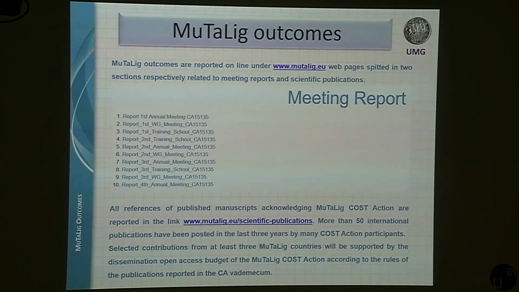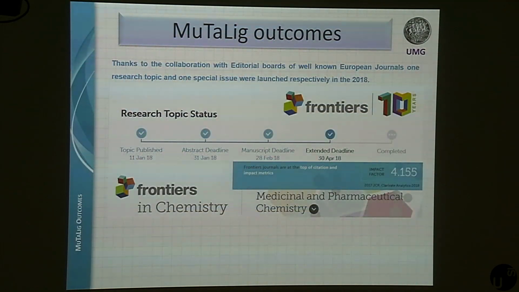So if you want to have an idea, just look at these documents, as well as all the information related to the initiative, to understand, for example, where to apply for an STSM place or for some other ideas related to this.